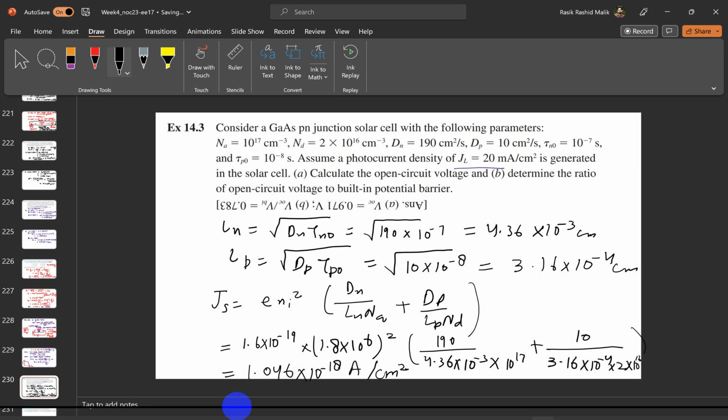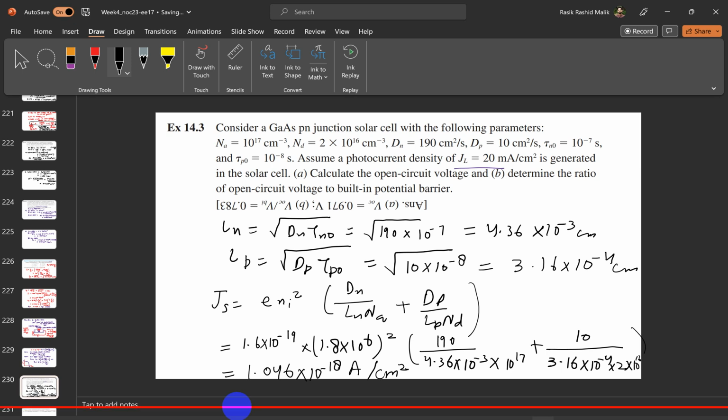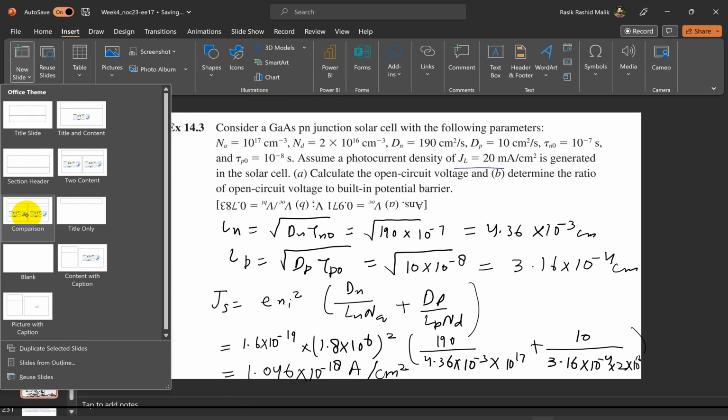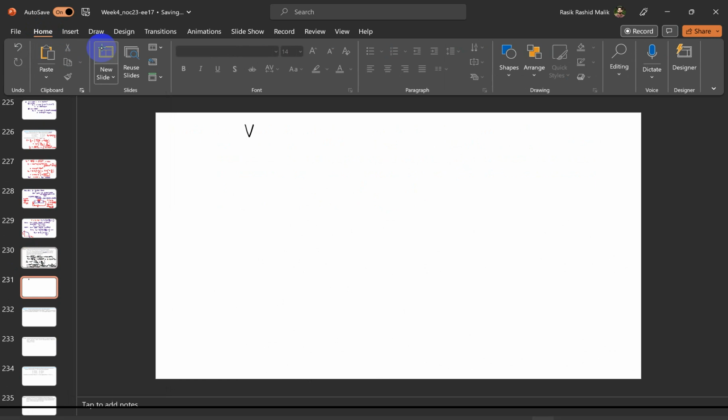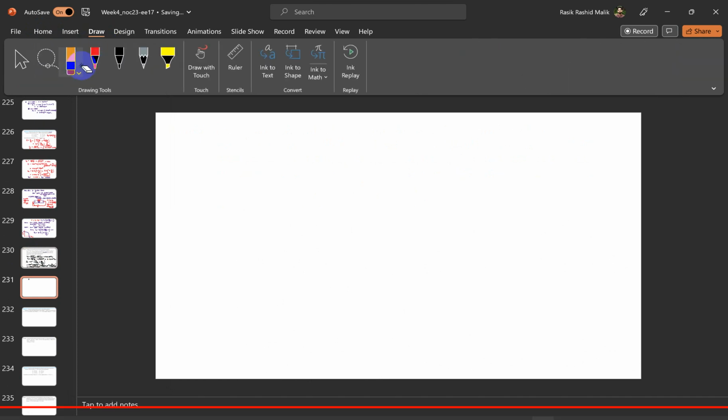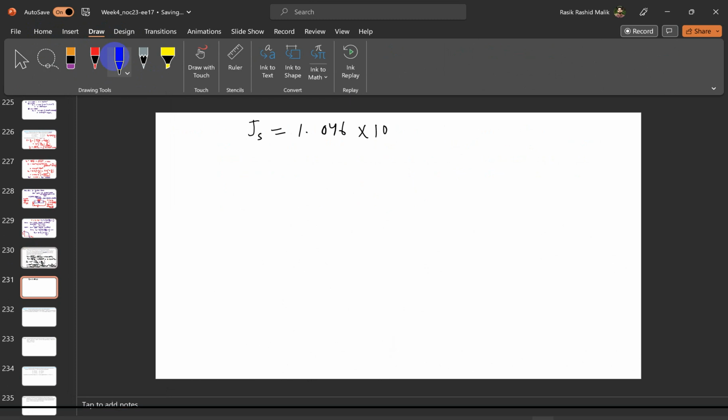Okay, so we find now the Js. Now the other component of the current, JL, is already given. Let me insert them in a new slide. We can calculate the open circuit voltage. We have now Js equal to 1.046 into 10 to the power of minus 18, a very small value, ampere per centimeter square.